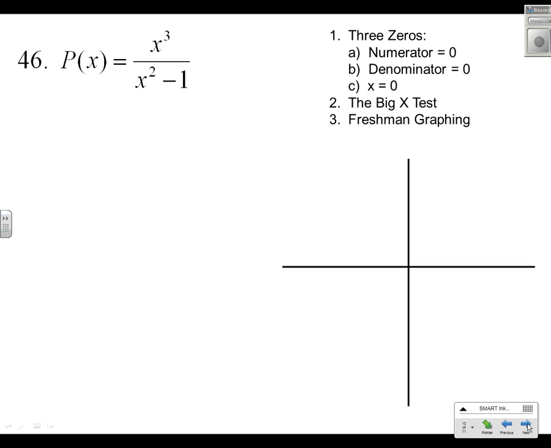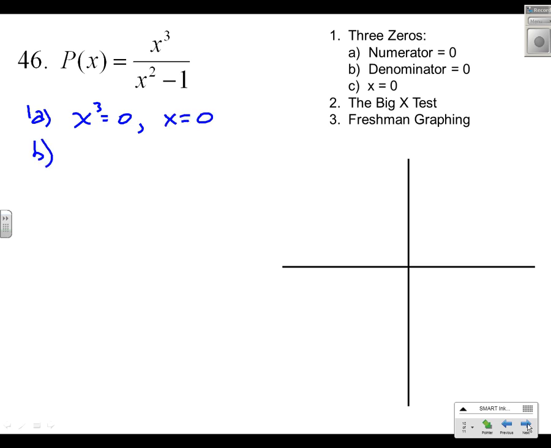Let's take a look at this guy. We'll just go right down the line. We're going to get a little different discussion on the big X test here. But 1a, numerator equals 0. X cubed equals 0 means that we expect to have a 0 at 0.